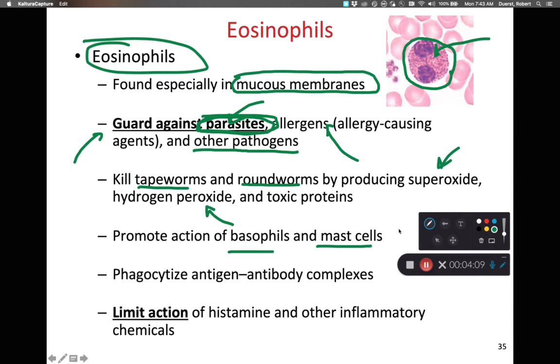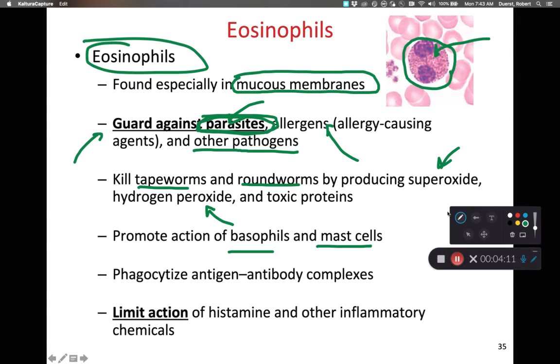And as we have those basophils and mast cells activated, that helps to moderate and control the inflammatory response, or what we typically think of as the allergic response. Our eosinophils are also going to phagocytize any antigen-antibody complexes. So if we stick and cover something with antibodies, our eosinophils are going to be capable of phagocytizing anything that's covered with our own antibodies.